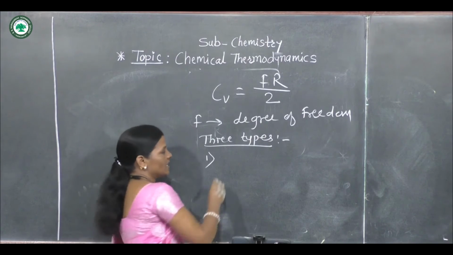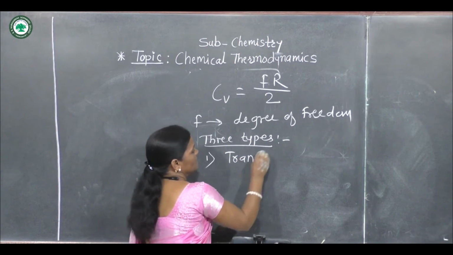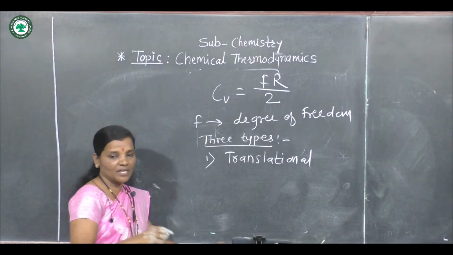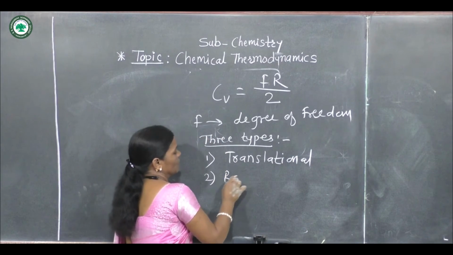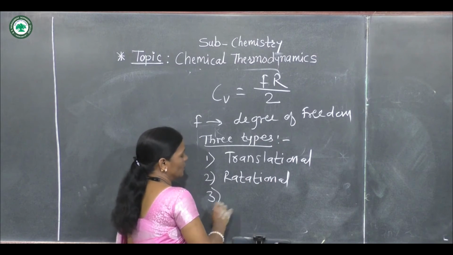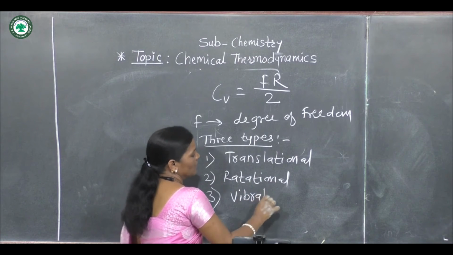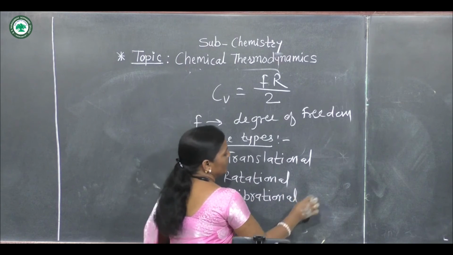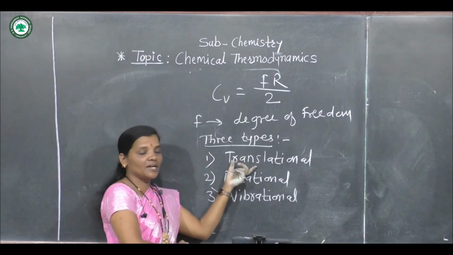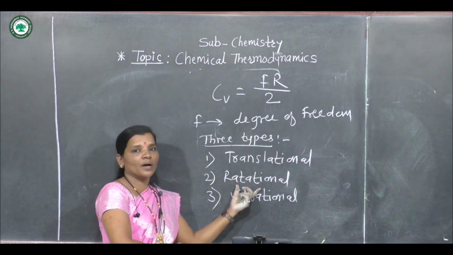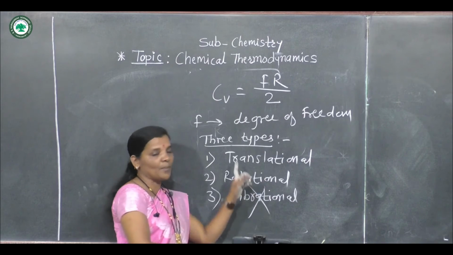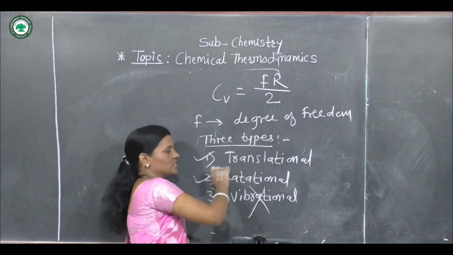That are translational degree of freedom, second one is rotational degree of freedom, and third one is vibrational degree of freedom. But in our syllabus we have to think about only these 2 forms.